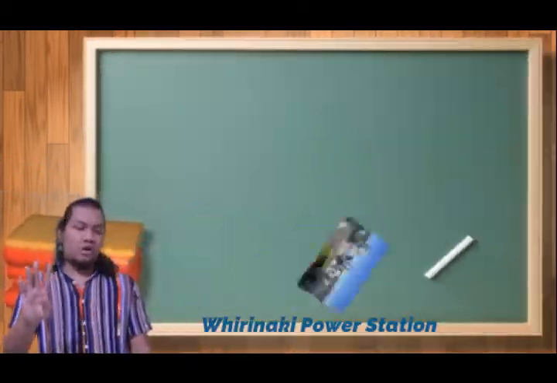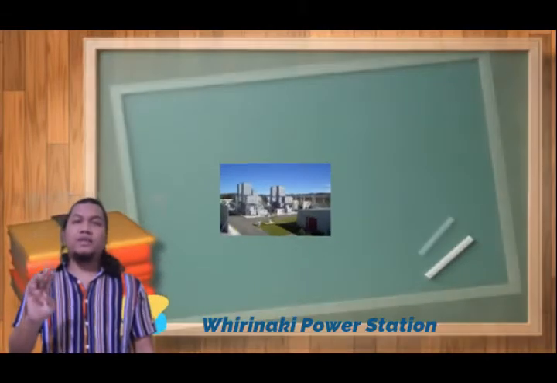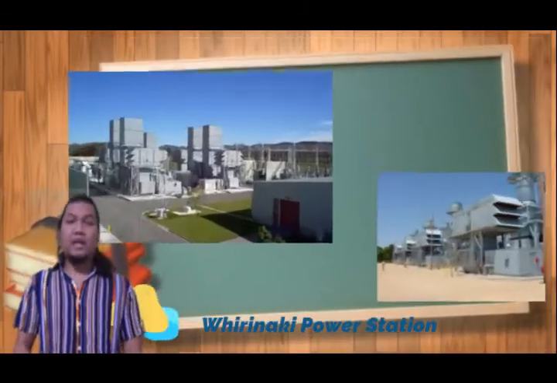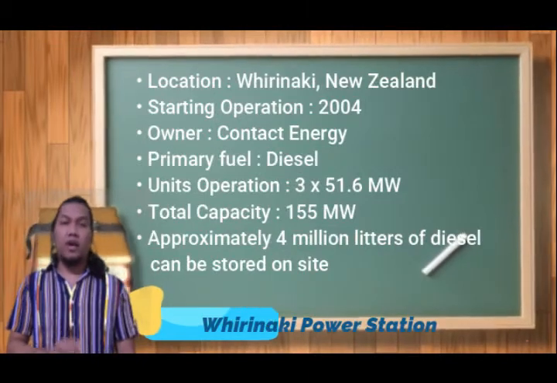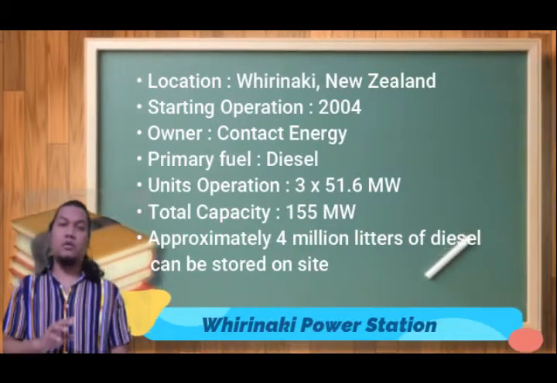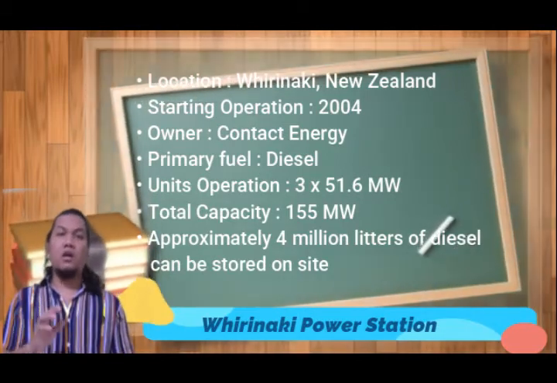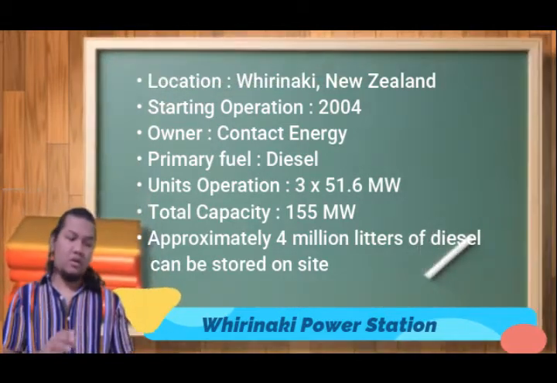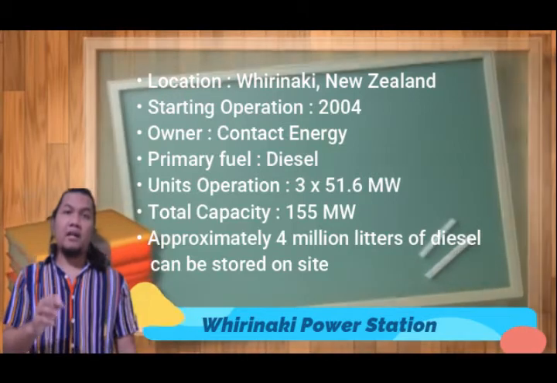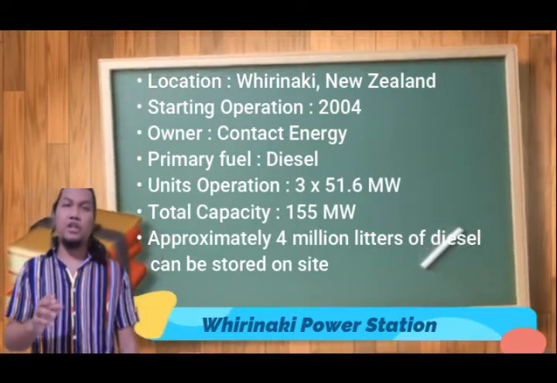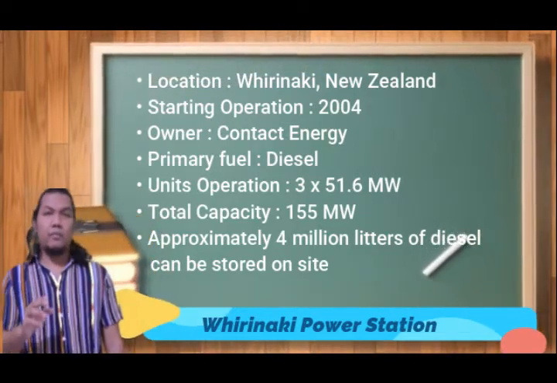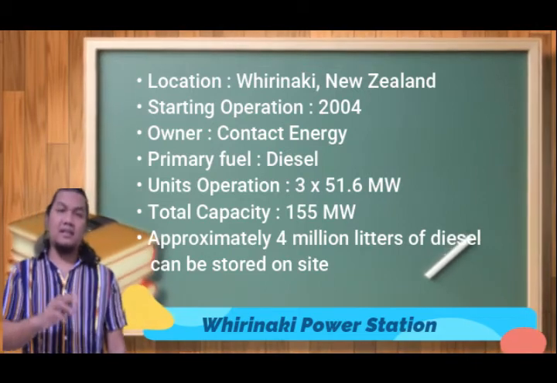Number 4. Whirinaki Power Station. Whirinaki Power Station is located in Whirinaki, New Zealand. It started operating in 2004. It is owned by Contact Energy. The primary fuel for this station is diesel.